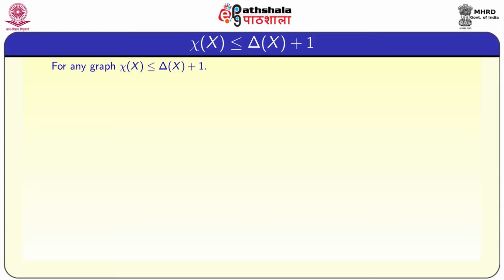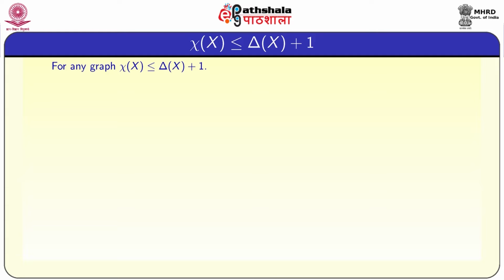So, we are going to prove certain results on the chromatic number. The chromatic number of X is less than or equal to delta of X plus 1. It is nice to see, as an exercise, exactly which graphs achieve this bound, chromatic number of X equal to delta of X plus 1. One clear example is Kn.